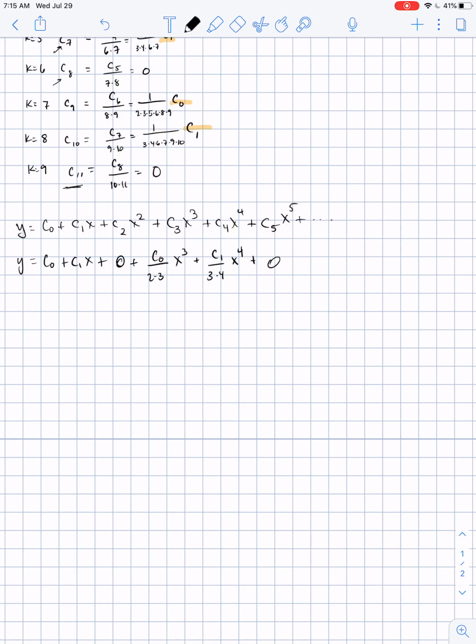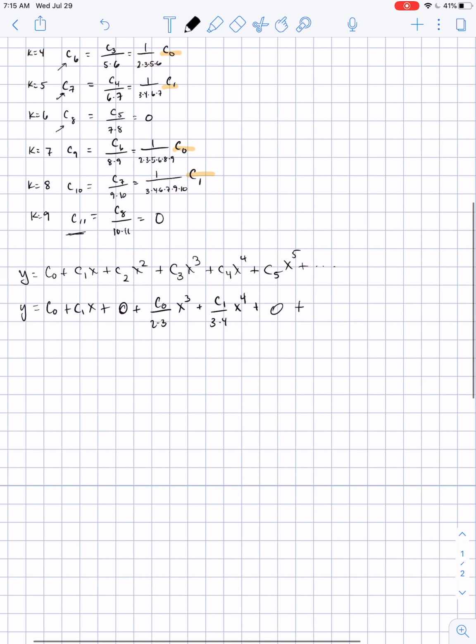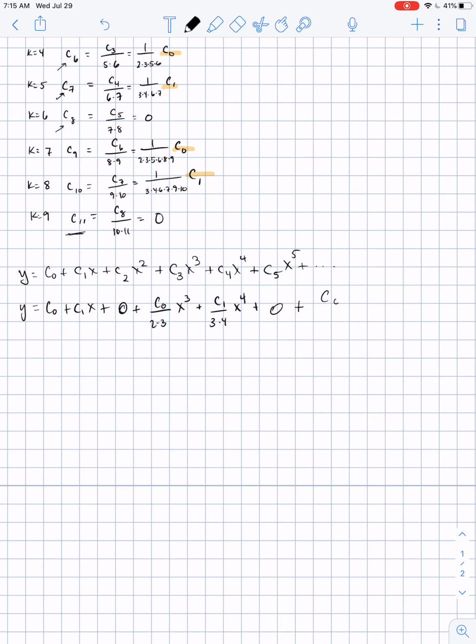So C sub 5 was 0, plus, now C sub 6, we got C sub 0 over 2 times 3 times 5 times 6, and then that'll be x to the 6th. C sub 7 is C sub 1 over 3 times 4 times 6 times 7, x to the 7th, right?